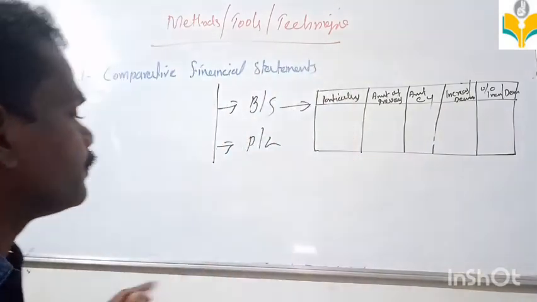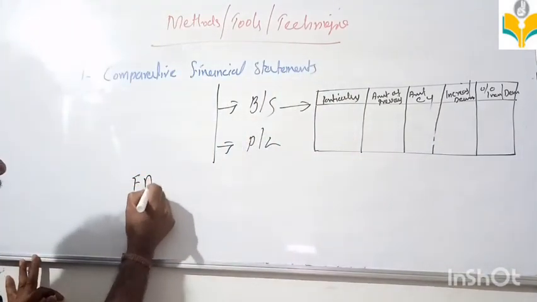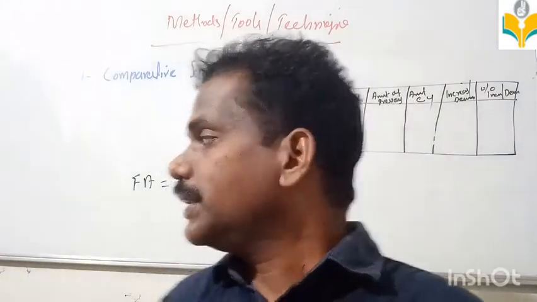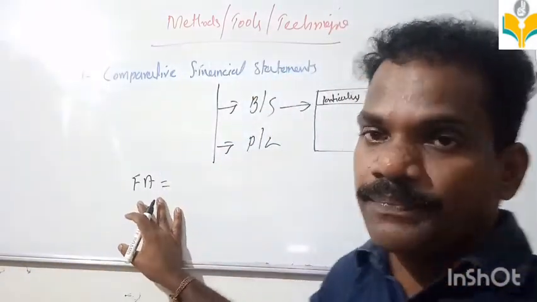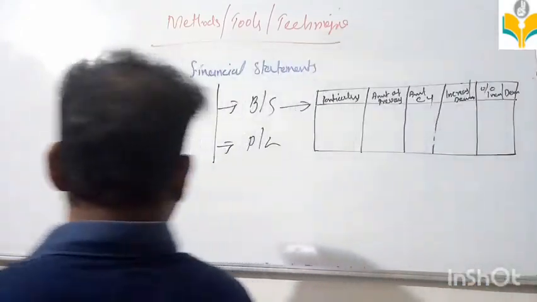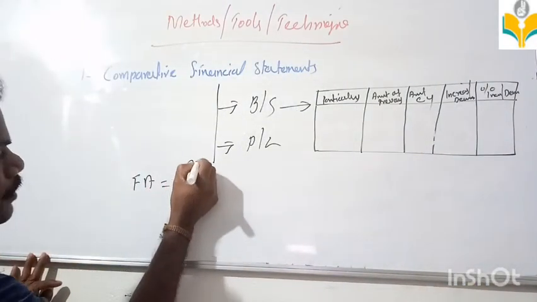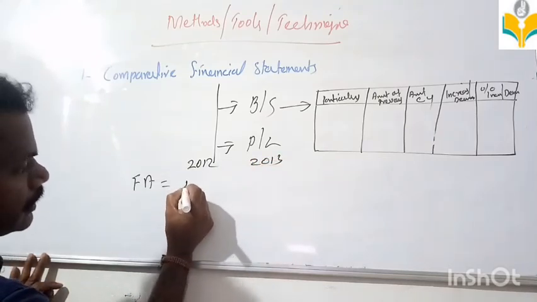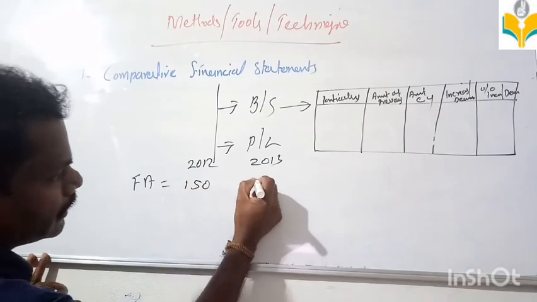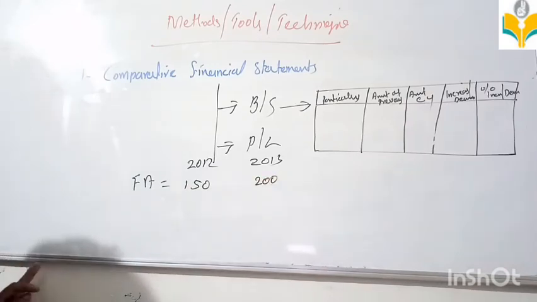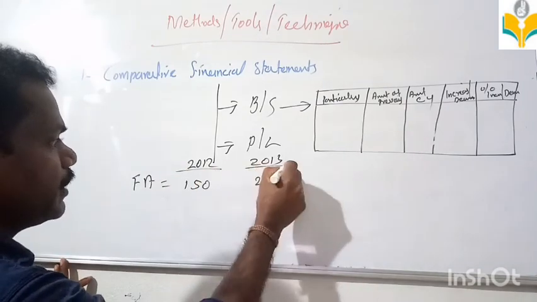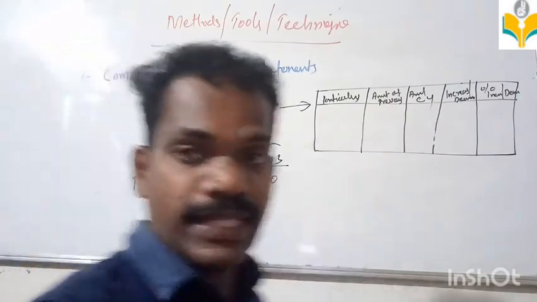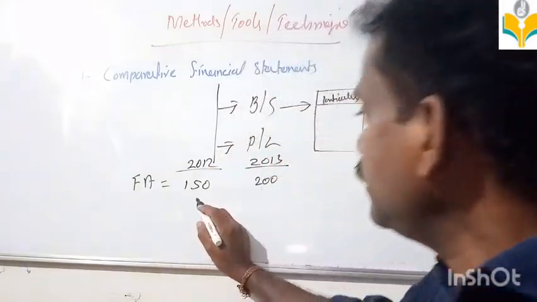For example, the financial statement, that means the balance sheet, is given. The first item, fixed assets. For the comparative study, for example, 2012 and 2013, amount rupees 150 and 200.